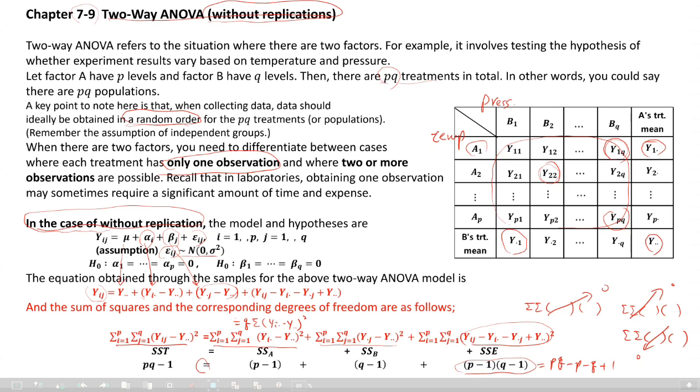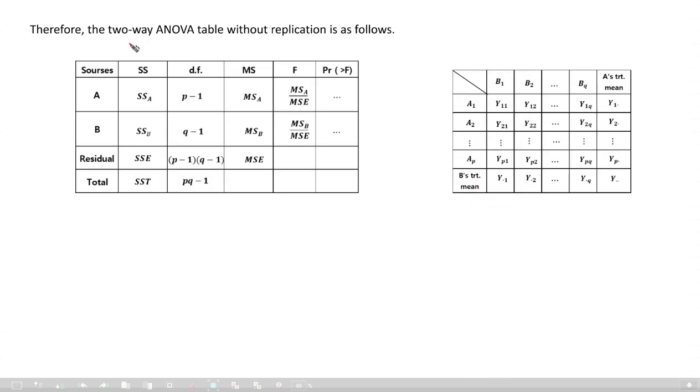Understand that? Okay, next, we have the two-way ANOVA table without replication as follows. Sources: factor A, factor B. SSA, degrees of freedom P minus 1, SSA divided by P minus 1 is MSA, like this, okay?